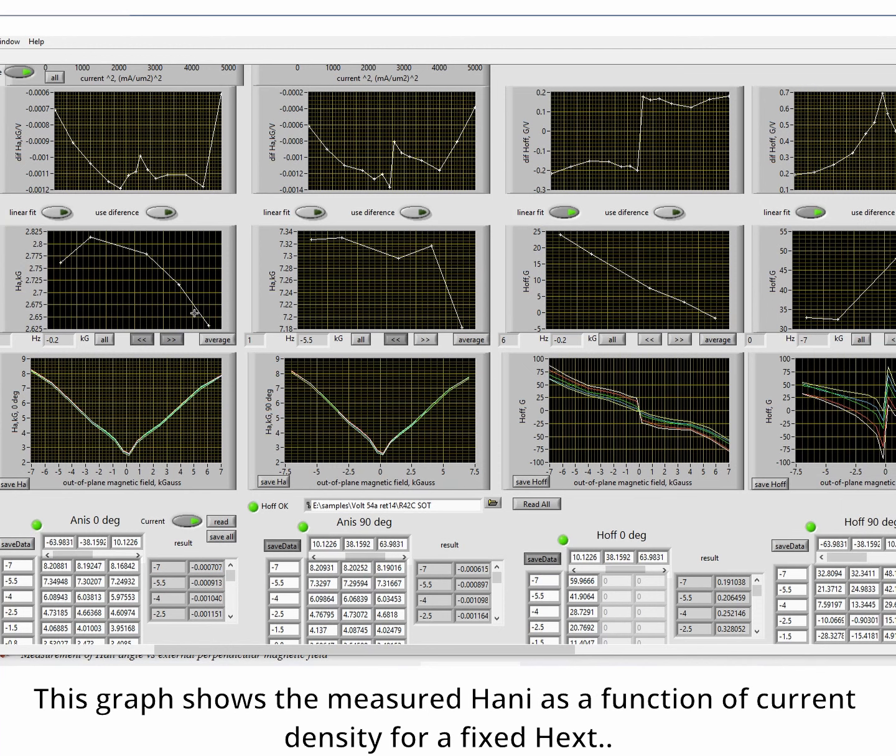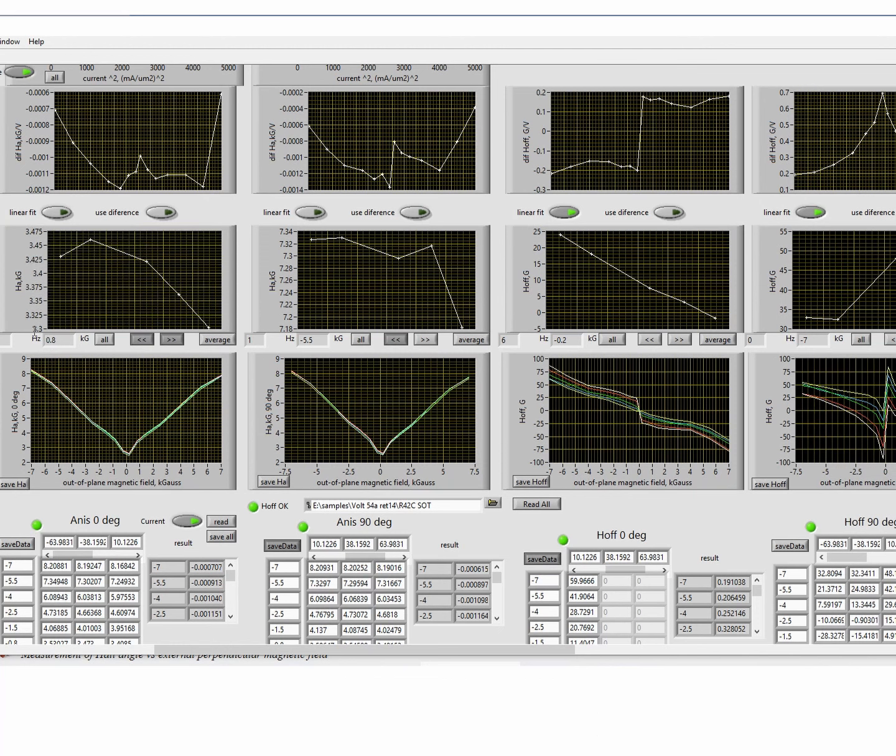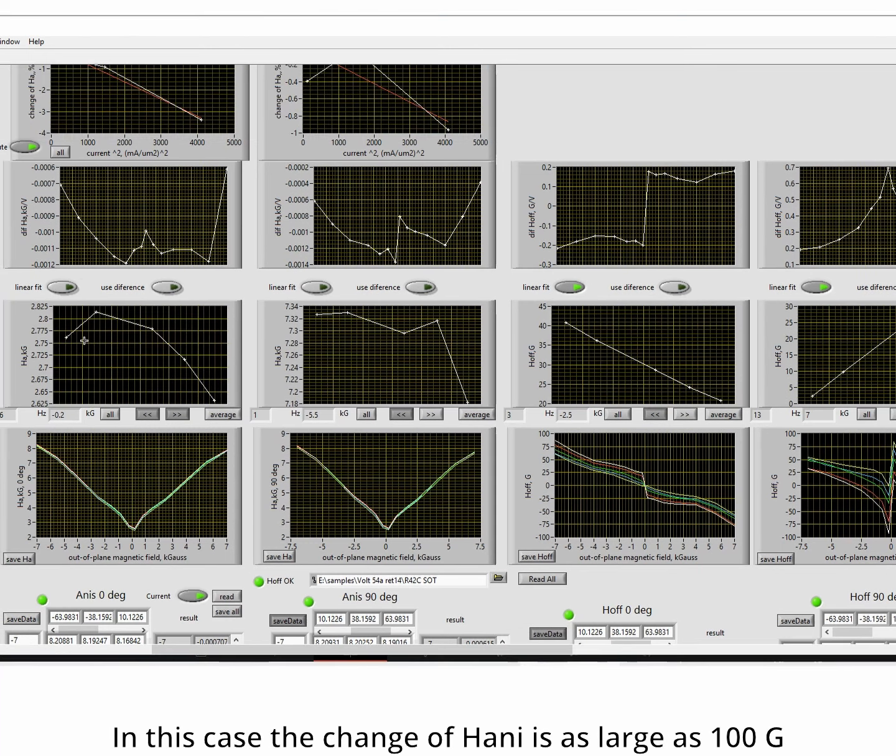These graphs show measured anisotropic field as a function of current density. The x-coordinate is current density at fixed external magnetic field. You can see the change is not as small. In this case, the change of anisotropic field is as large as 100 Gauss.